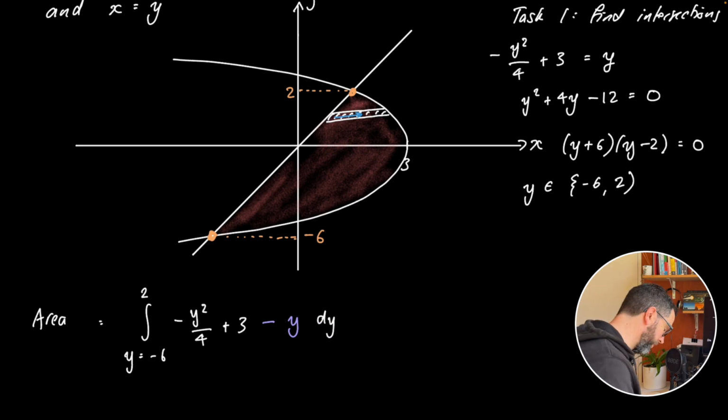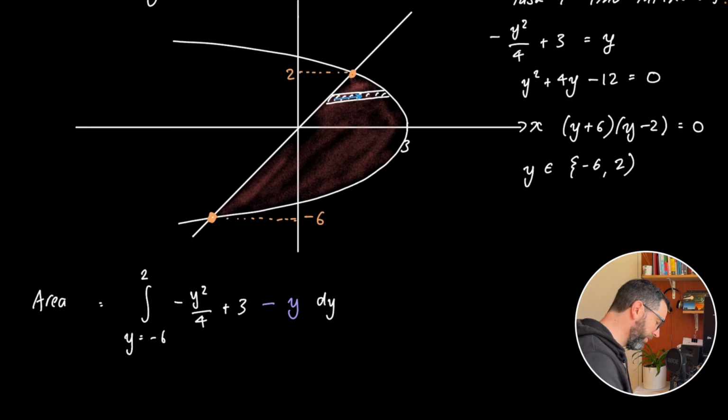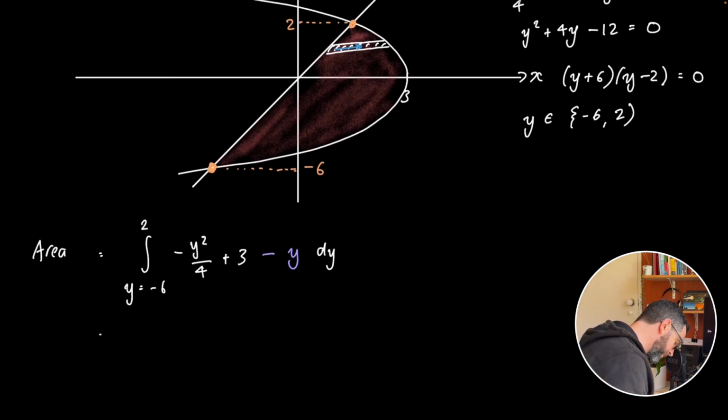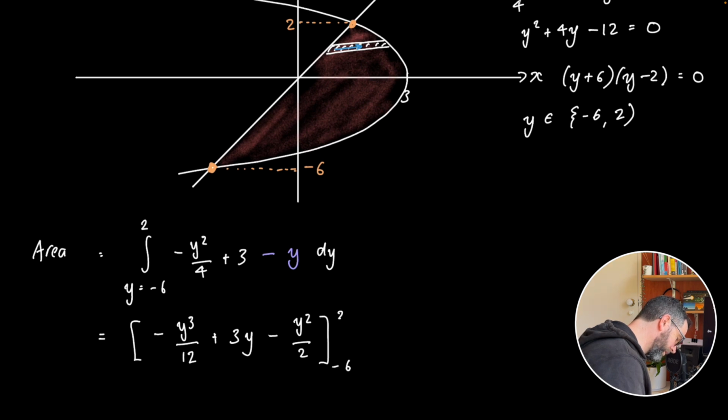Now it's just a matter of working this through, and eventually we'll come up with the answer. So that equals, let's see how good we are integrating today. That will be something like -y cubed over 12 plus 3y minus y squared over 2, and that's going to be evaluated between -6 and 2.